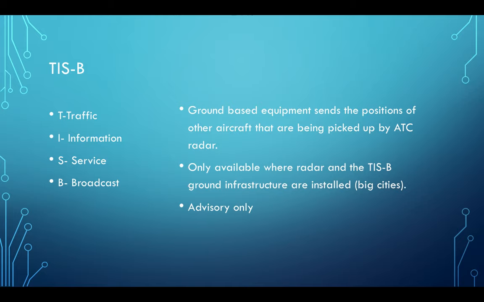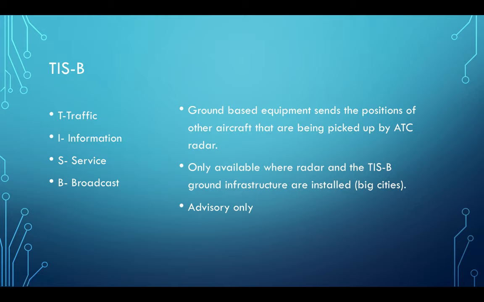The way it works is the ATC radar sites automatically pick up where the aircraft is using its normal secondary radar principle, the Mode C transponders, and then it codes that information and broadcasts it through ground antennas, which is then picked up by your receiver. Okay, this is only really available in the big cities.